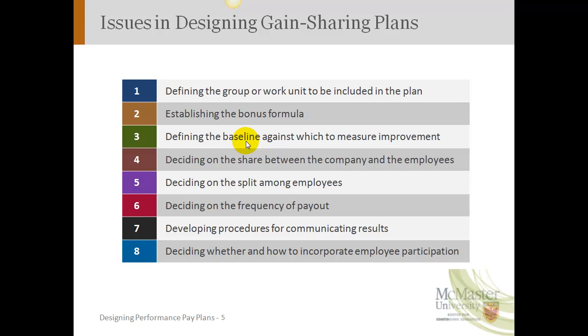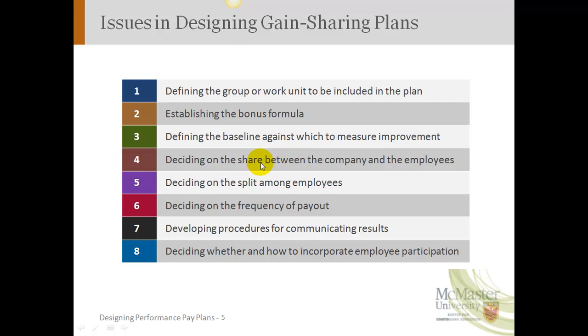If we decrease our labor costs by a certain percentage or amount in relationship to the baseline, then you're going to share. So it might not just be a percent or two that you're saving. You have to save over a particular baseline in order to make it worthwhile, and for the company to really recognize profits that are worth sharing. So in any case, you have to decide what the baseline is going to be.